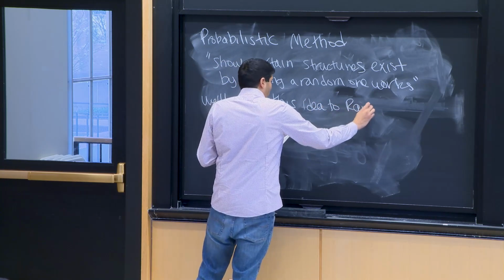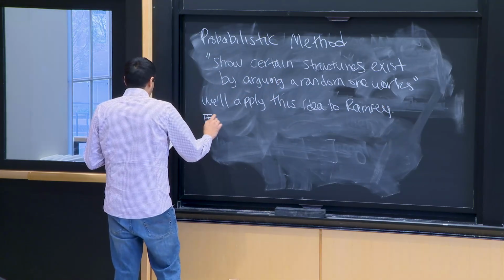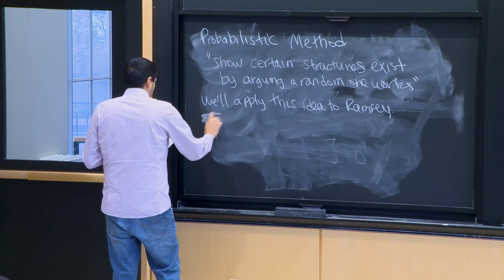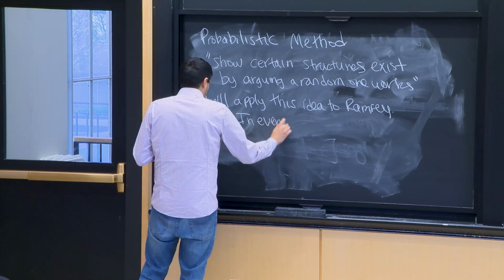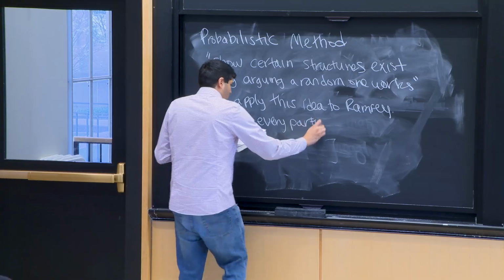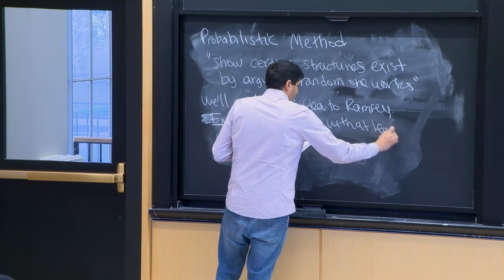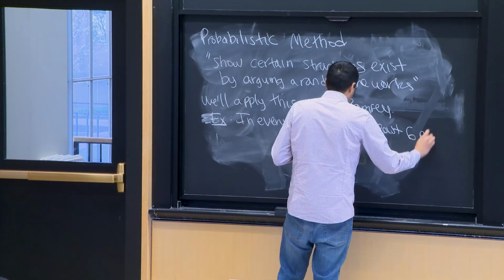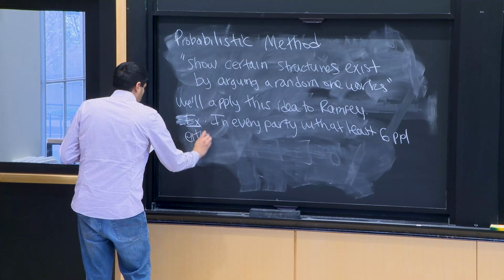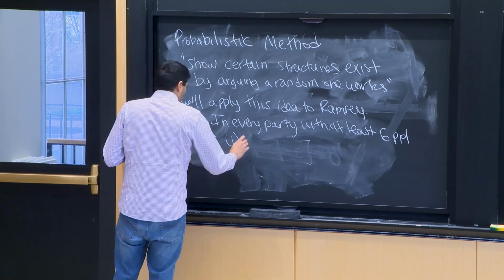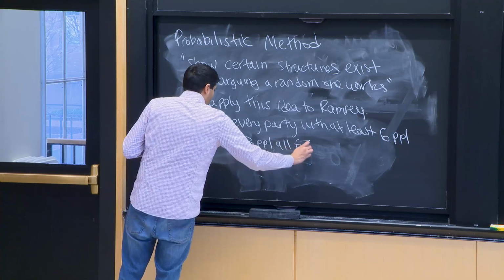So what's Ramsey theory? Well, let me give you a famous example of it. In every party with at least 6 people, I claim that either we have the situation that there are 3 people, all of whom are friends with each other.